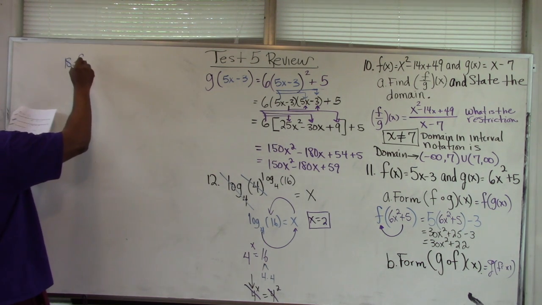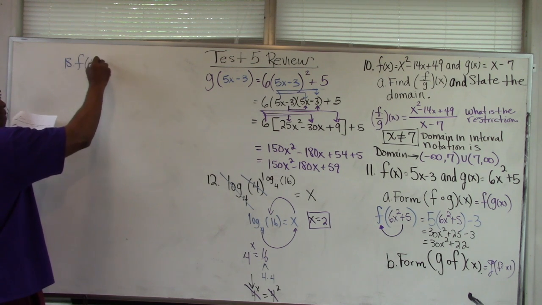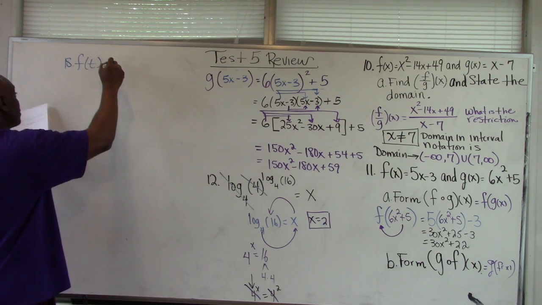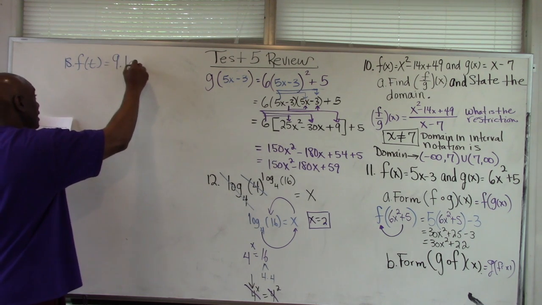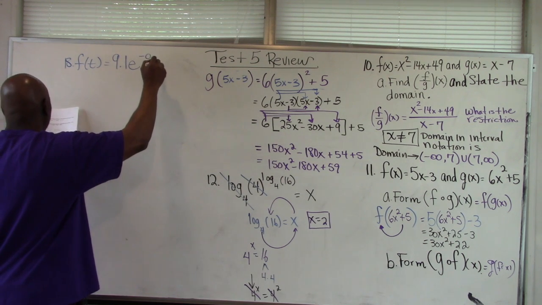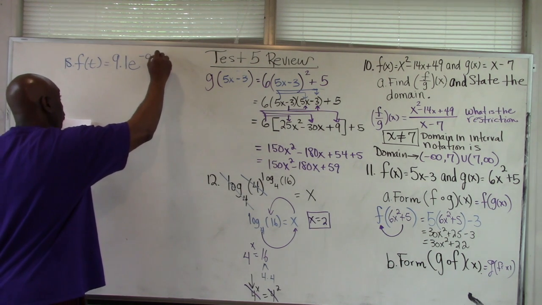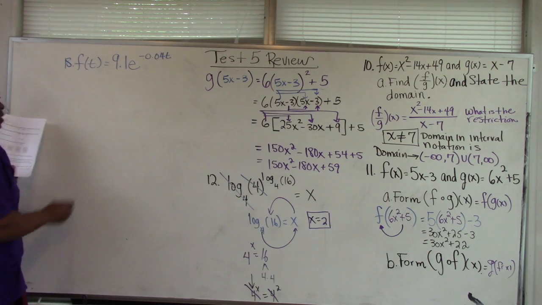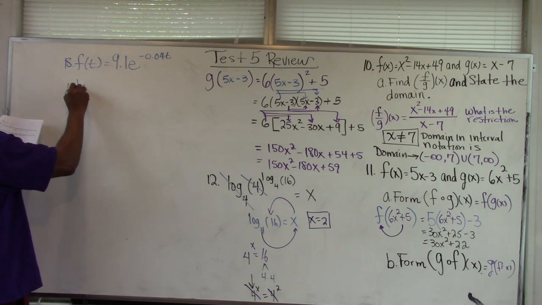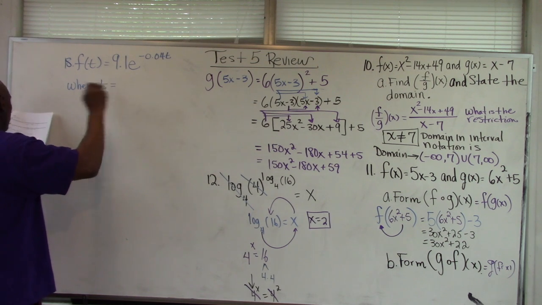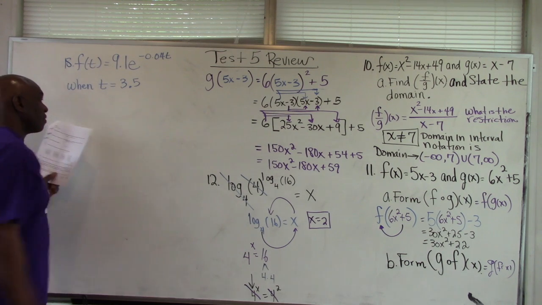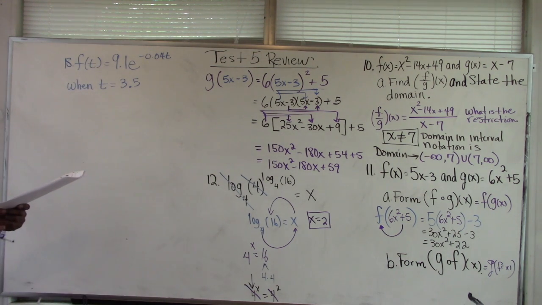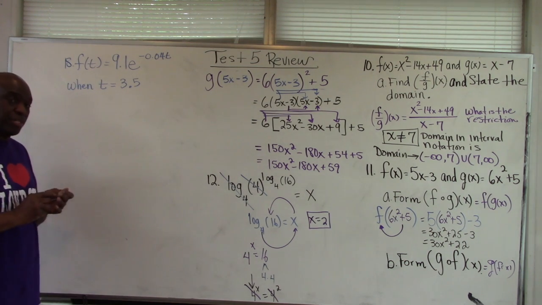F of t equals 9.1 times e to the negative 0.04t, when t equals 3.5. So that's just a direct substitute. Plug in 3.5 for t.